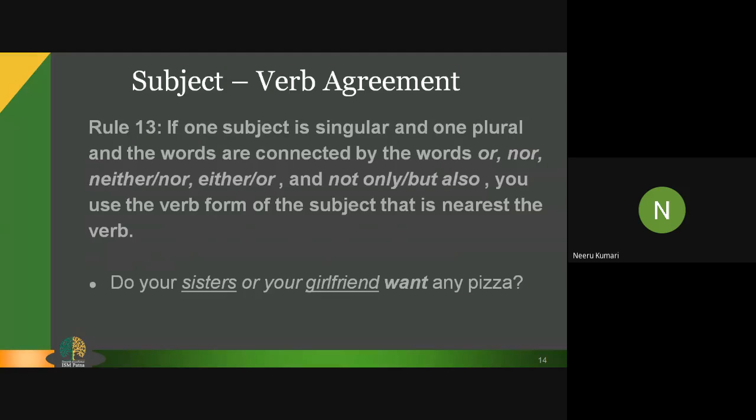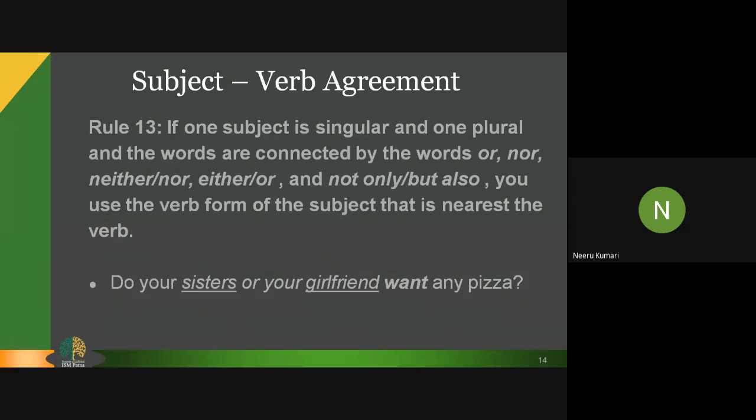So everybody, I hope you could understand that whenever we are talking about sentences, please remember there is one subject which is singular and there is another subject which is plural. The word that is connecting, or, nor, neither nor, either or, not only but also, you should remember the verb agrees with the subject nearest to it.